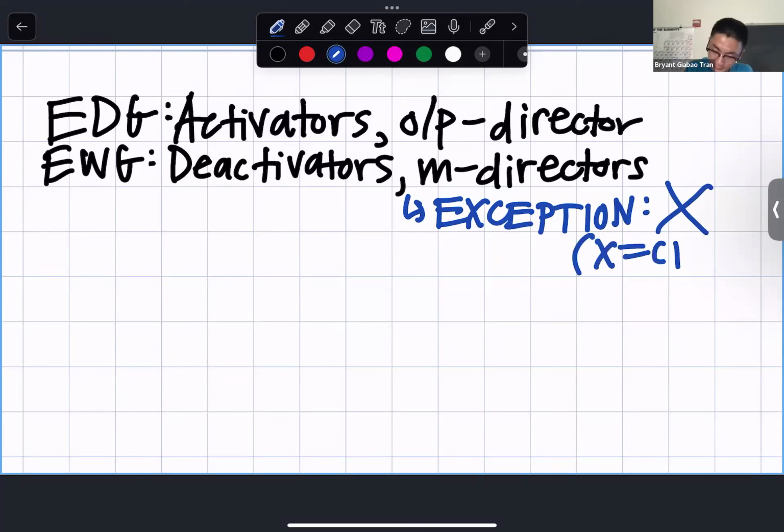Where it could be Cl, Br, iodine. These halogens here are EWGs because they are really electronegative, but they are not meta-directors, they are ortho-para directors. And I'm going to explain that concept right now.